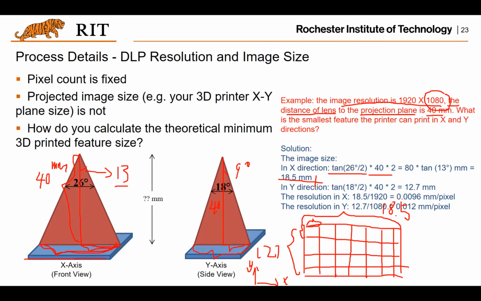Use this 18.5 over 1920, and this 12.7 over 1080. You will have the dimension of one pixel, and that indicates the minimum feature this printer could produce, because that's the smallest unit this printer could produce.